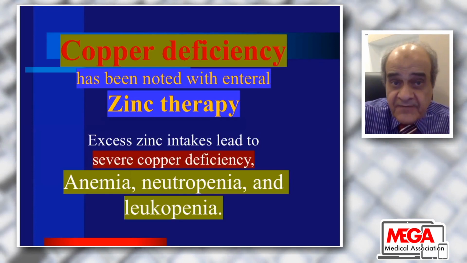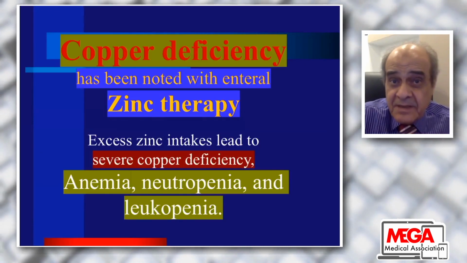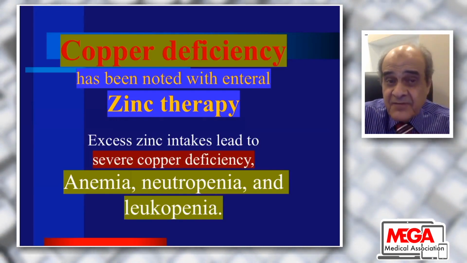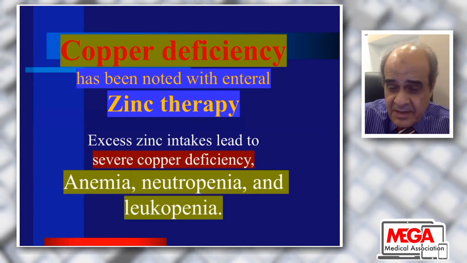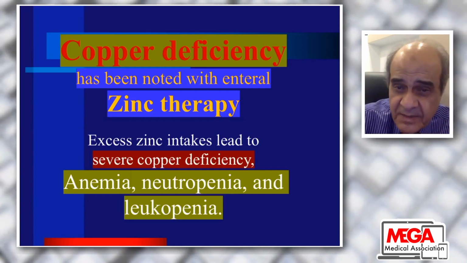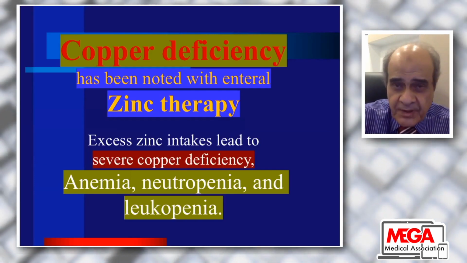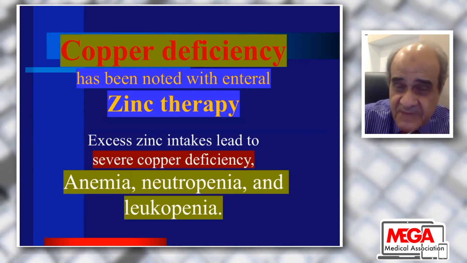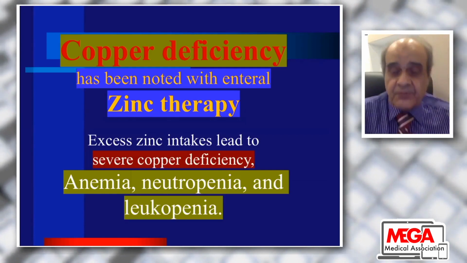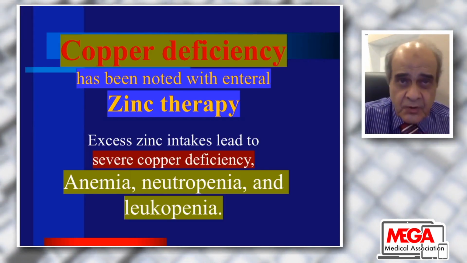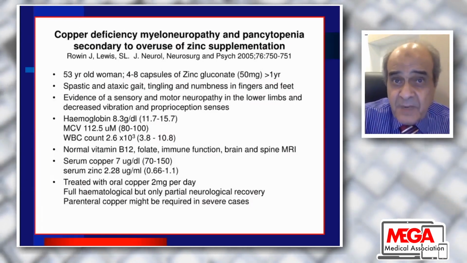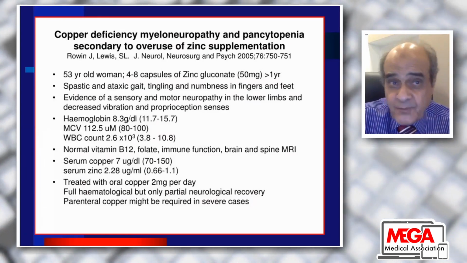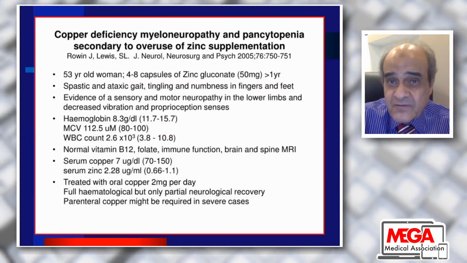Copper deficiency may develop after excessive treatment with zinc therapy, and the patient suffers from anemia, neutropenia, and leukopenia, because, as I said, copper is very essential for hematopoietic functions in the bone marrow. This is a case of copper deficiency, myeloneuropathy, and pancytopenia, secondary to overuse of zinc supplementation.